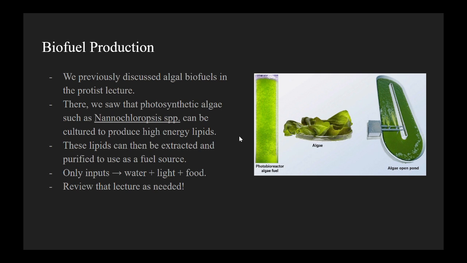Then you can keep feeding them and extract the high-energy lipids that they naturally produce, and purify those to use as biological fuel sources. Of course, those are renewable sources because you can keep adding food and they'll continue to produce those lipids for you. We talked about some of the shortcomings as well as some of the advantages of this process, so I'd encourage you to go and review that lecture again.